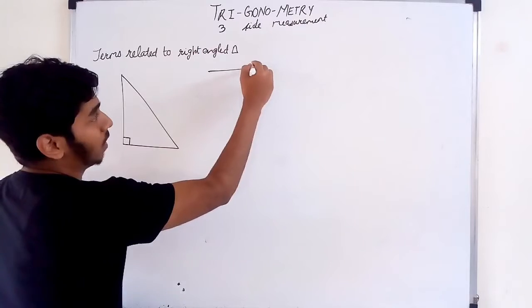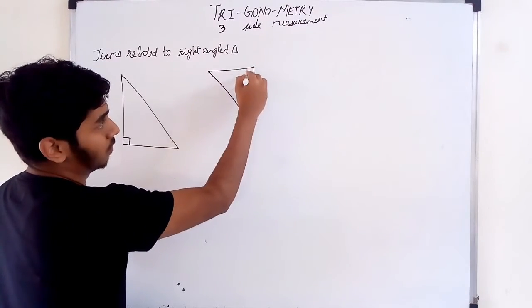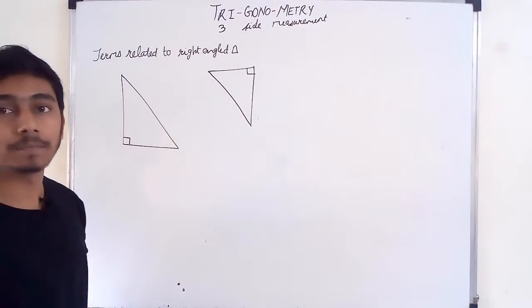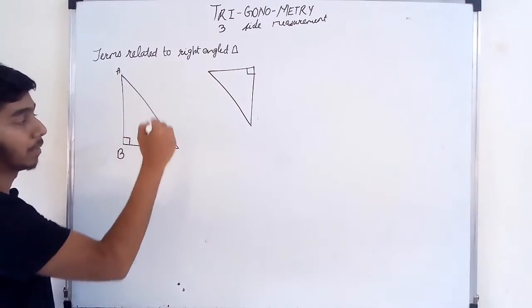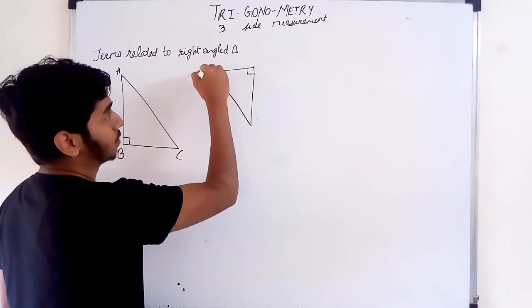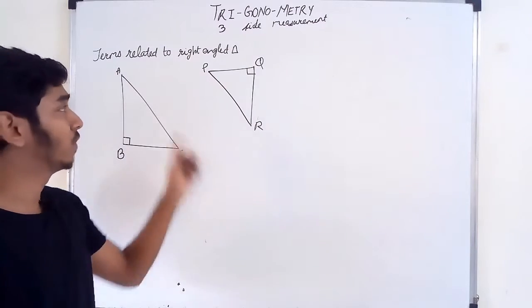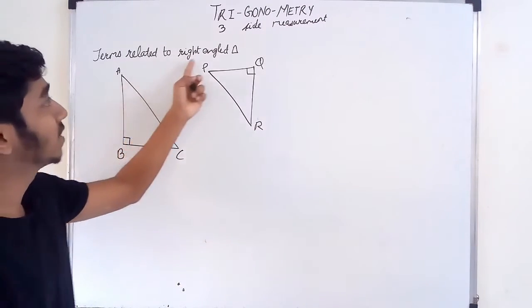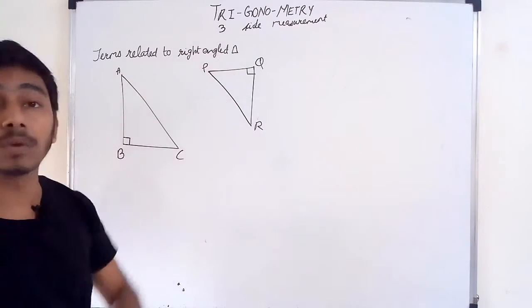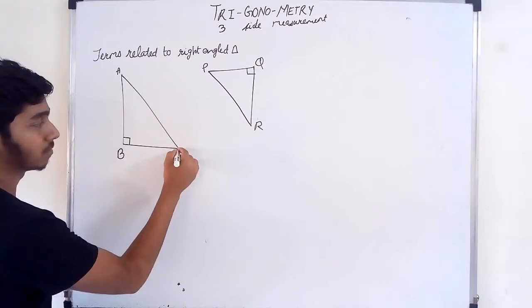I can make a triangle like this also, where this is 90 degrees. So we are naming this ABC and this is PQR. Now we are supposed to find terms related to right angled triangle. So what are those terms?